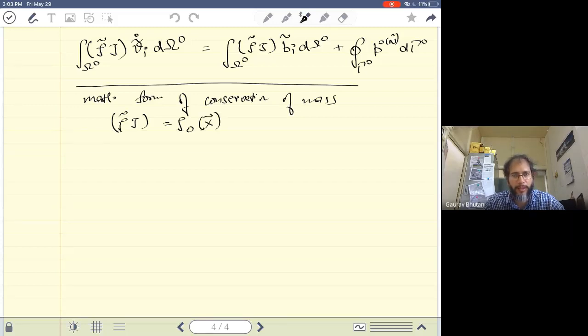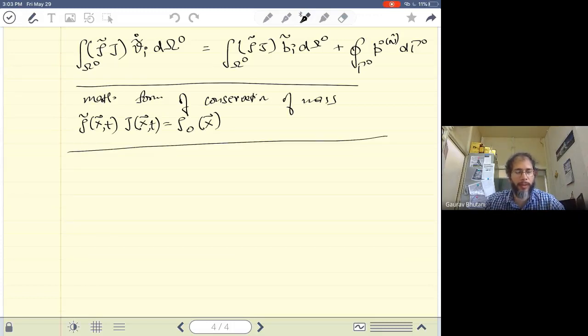And rho tilde is a density field at some time defined in terms of Lagrangian coordinates. So writing it more, expanding it a bit further, rho tilde is a function of capital X and t, and j, of course, is a function of capital X, well, and t. It could be a function of time as well. And this is equal to rho naught. So that's the material form of the conservation of mass equation.